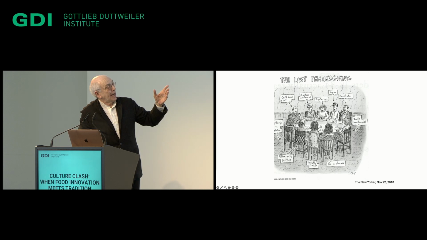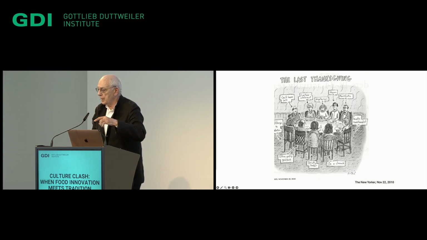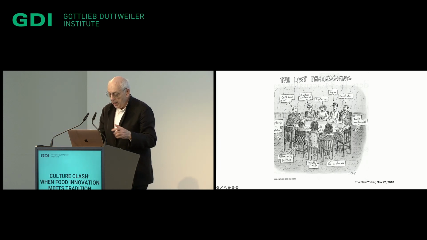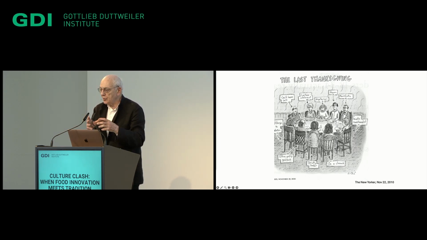One can't have salt, the other one is vegetarian, the third one is gluten-free, one is a picky gourmet, and so on. So they can't get to agree on what to put in the middle of the table.